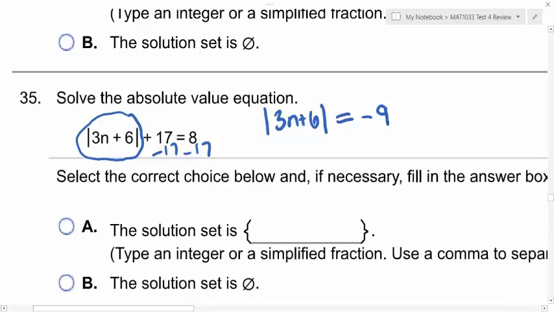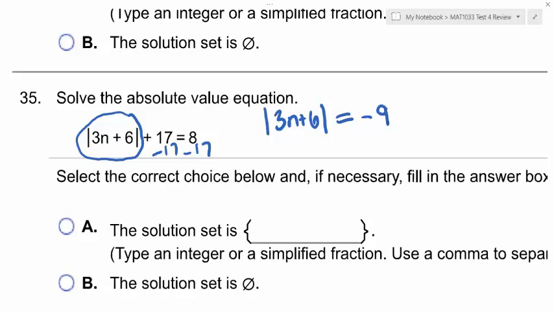So what do you notice about this? What's different about this compared to the other problems we've done so far? It's a negative number. So it equals a negative number when you take the absolute value. Is that going to happen? Can you get a negative answer if you take the absolute value of something?